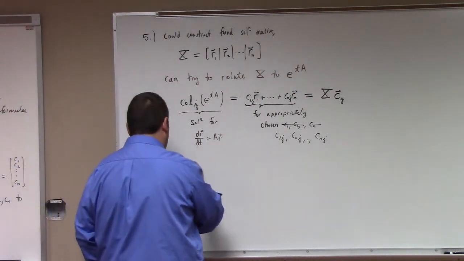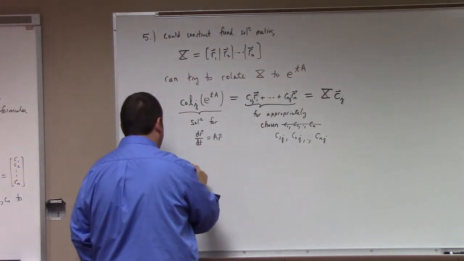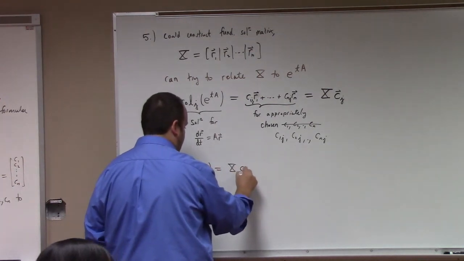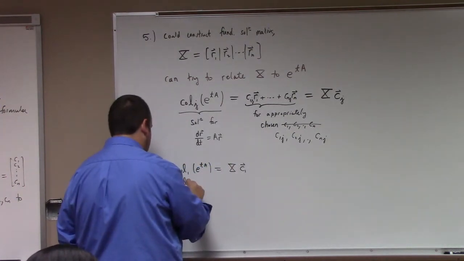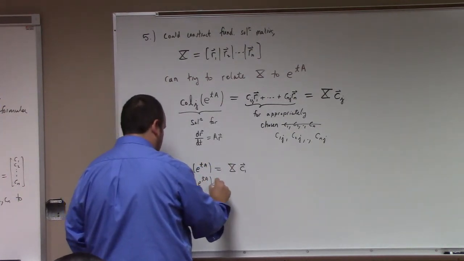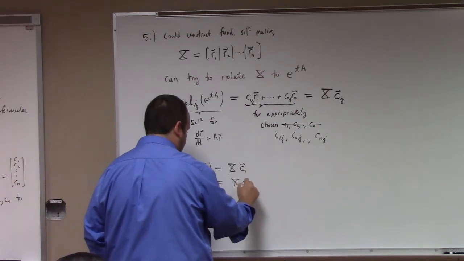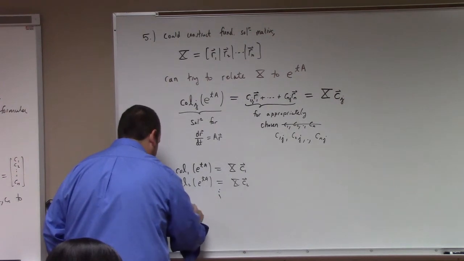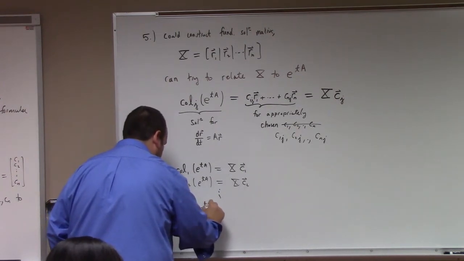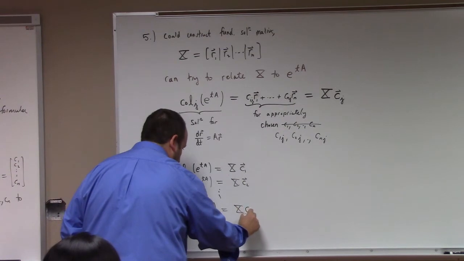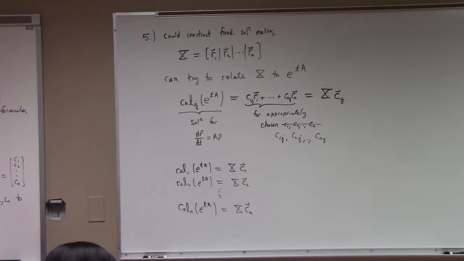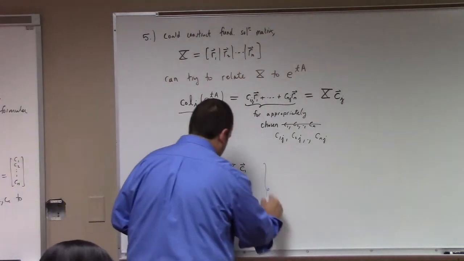But then what we've got is column 1 of the matrix exponential is equal to x times this constant vector c1. Column 2 in the matrix exponential is equal to x times column vector 2, and so on down the line until we get to the nth column. But what we want to do is look at these all at the same time using column by column matrix multiplication.